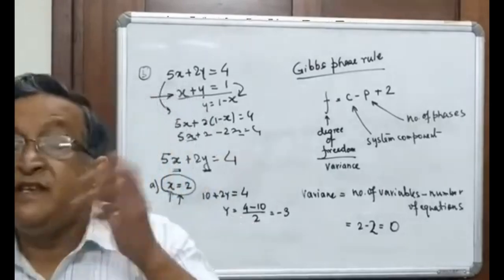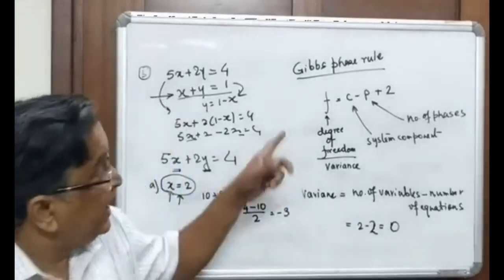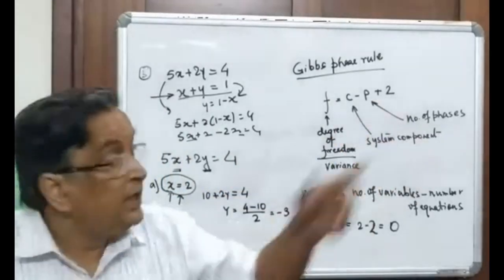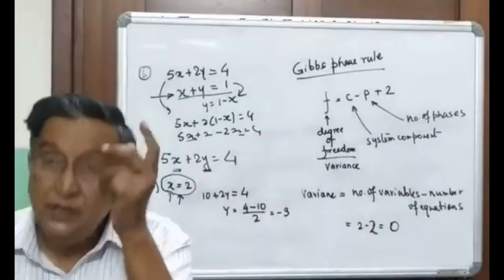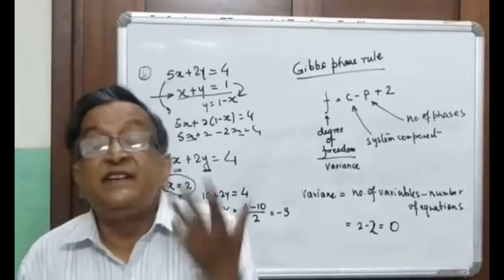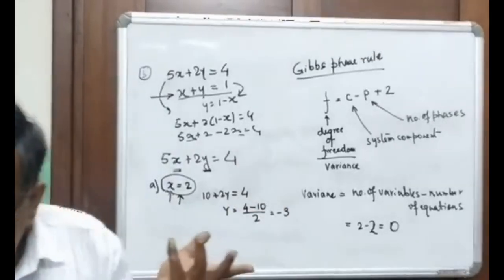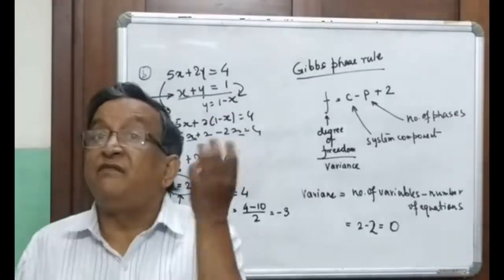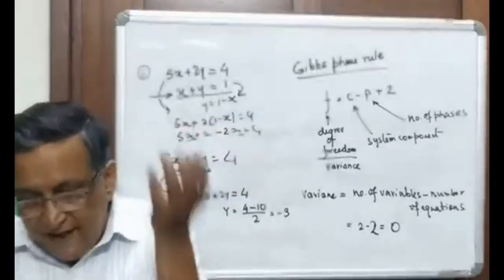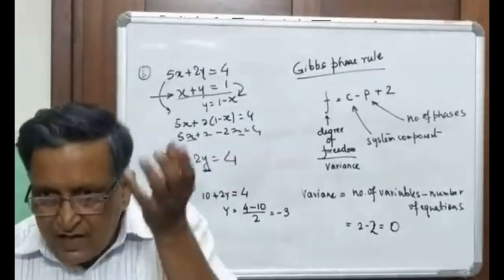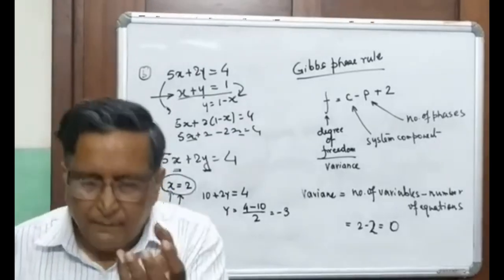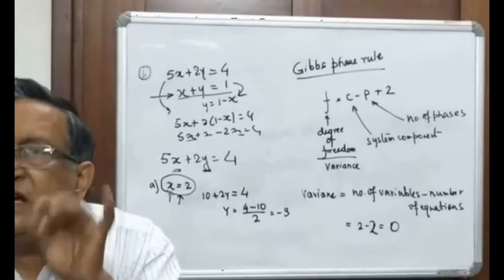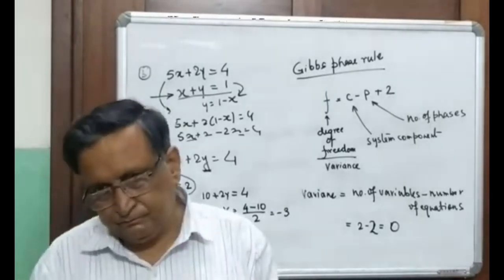The number of variables is not telling me which variable. It is telling me the number of variables that remain unquantified. That is what variance is: the number of variables that are unquantified in the system.